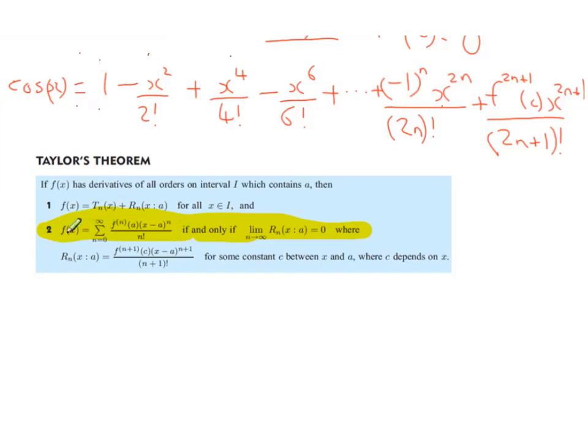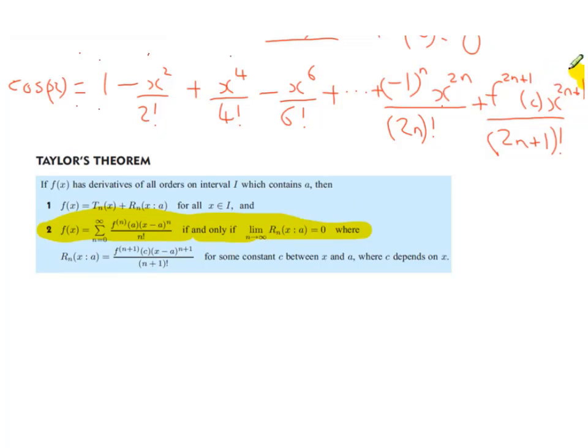So it says f of x is equal to its Maclaurin series expansion if and only if the limit of the Lagrange error term as n approaches infinity equals 0.